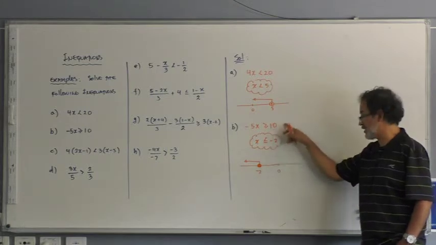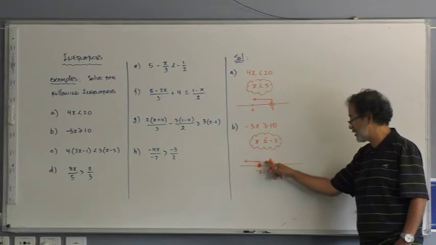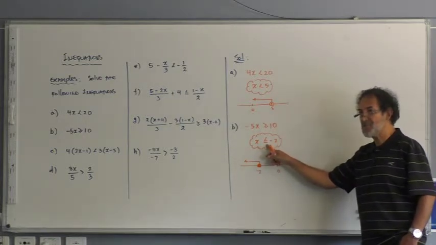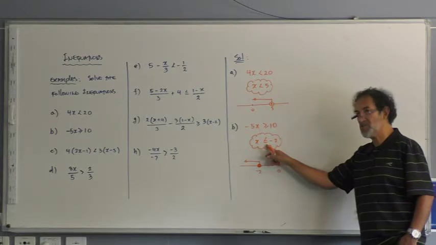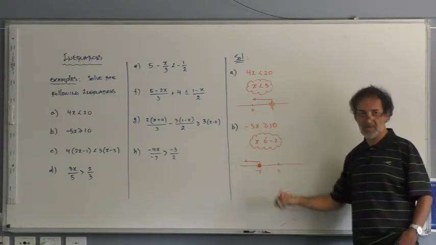The answer for this inequality is any number less than or equal to -2. This is telling you in which direction you are doing the arrow. If this is pointing in that direction, then you go in that direction.